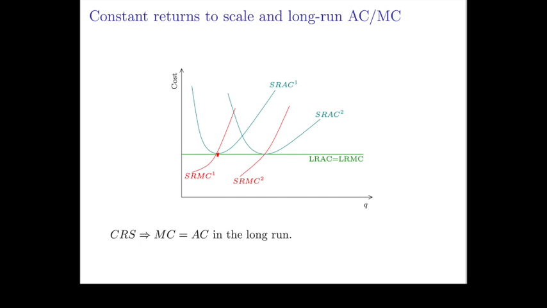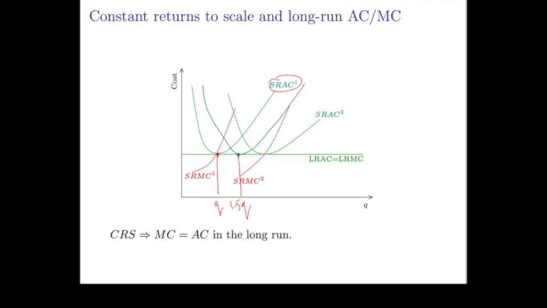If I just multiply the output by some number, so I go from here, let's say I want to increase by 1.5. So I multiply the output by 1.5. So this is Q, this is 1.5 Q. Well, I can simply use 1.5 times the capital that gave me this short run average cost curve, and it's going to give me an average cost curve that's minimized at this point right here. And that's simply because of the fact that this is a constant return to scale technology.